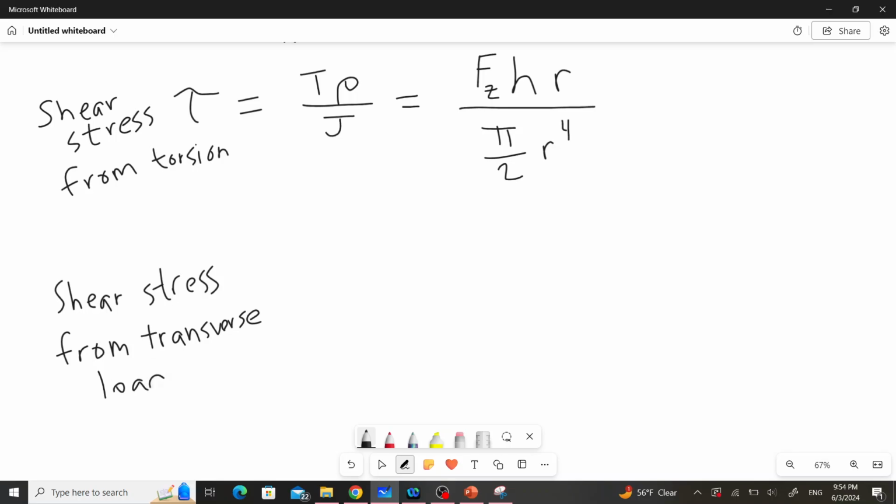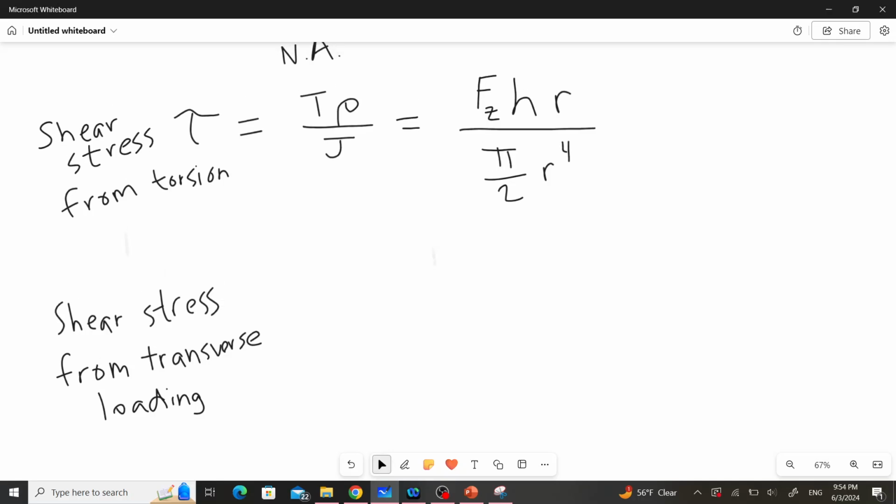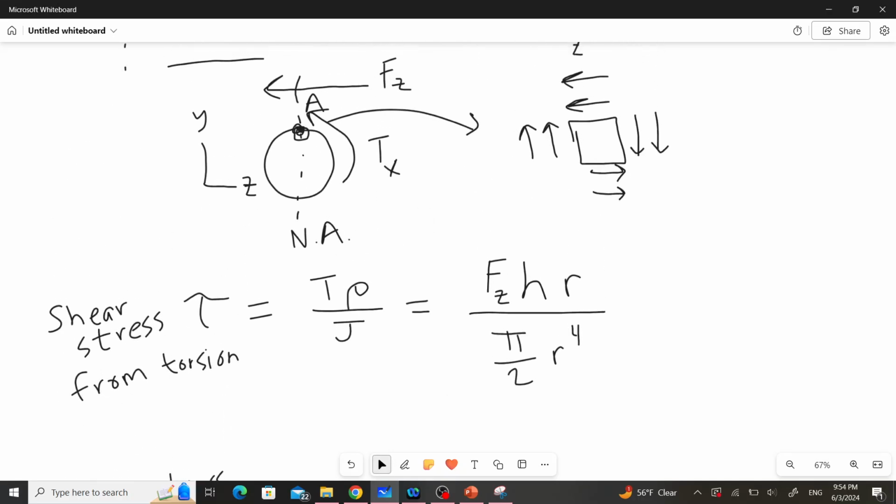If you watch the previous video, you'll know that one of the previous videos on transverse shear, we were looking at a circular cross-section, and you'll remember that when we're looking at a plane, our plane of interest has to intersect perpendicularly the boundary for us to be able to use the shear formula.